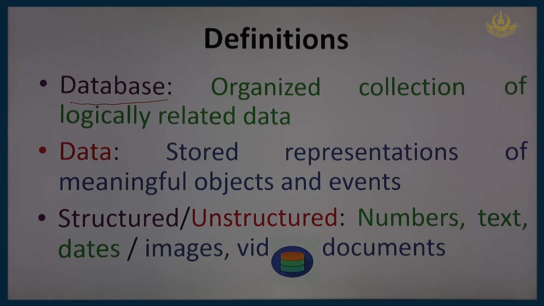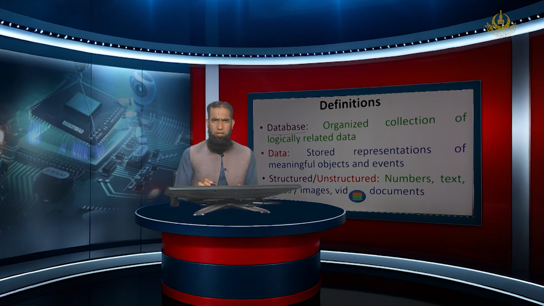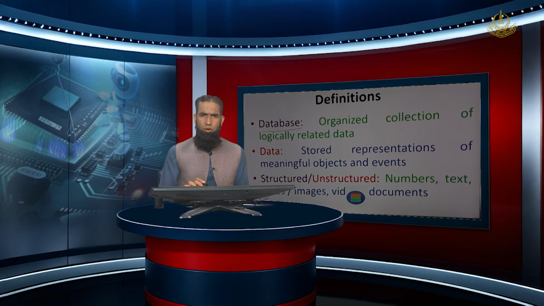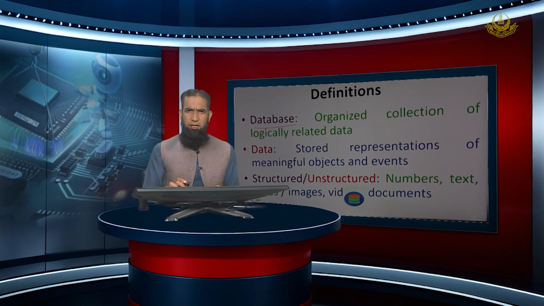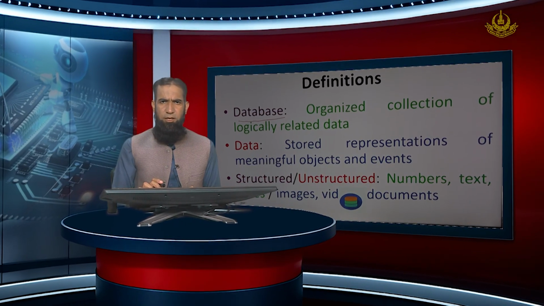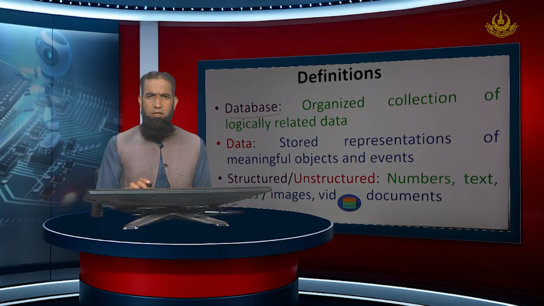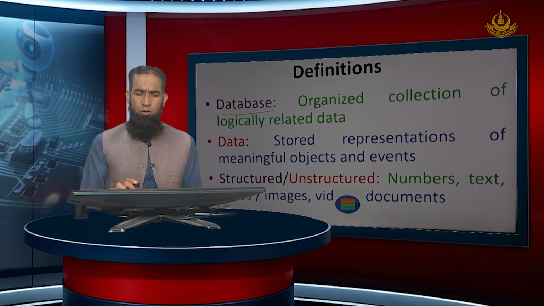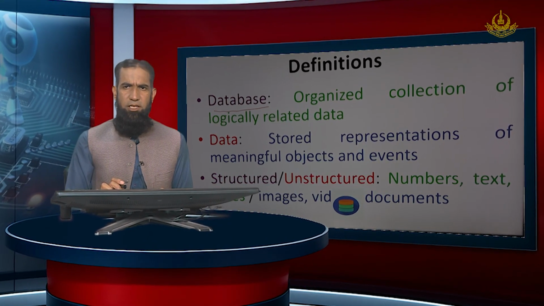Logically related means, for example, if we are going to store data about a student, the relevant things are logically related to students. When we are talking about a course, different things like course code and description are logically related to the course. So what is data?